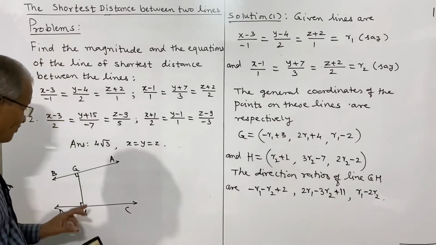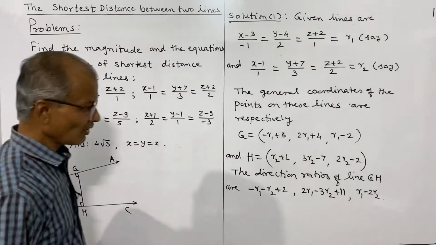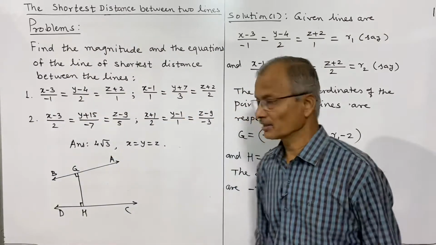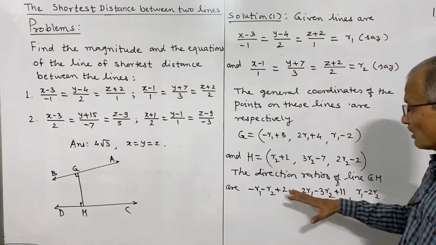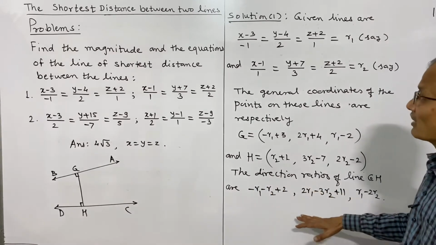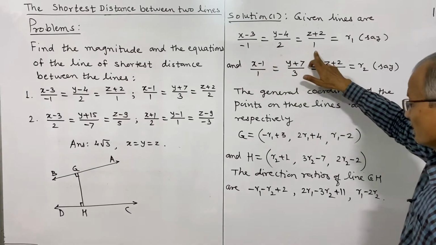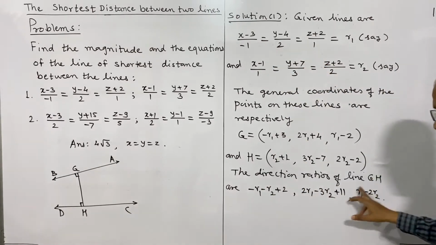Line GH will be perpendicular to both AB and CD. We have to use the condition of perpendicularity. When the two lines are perpendicular, the sum of product of their DRS is 0. Now what are the DRS of line 1? These are minus 1, 2 and 1, and DRS of line GH are this one.